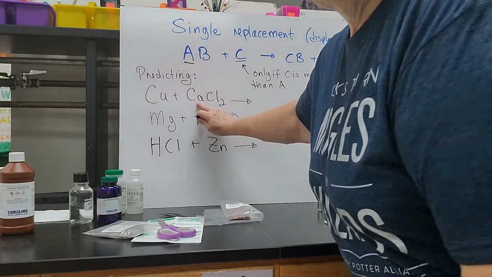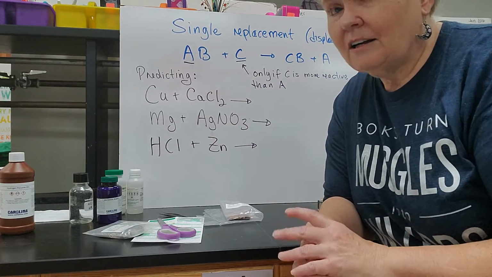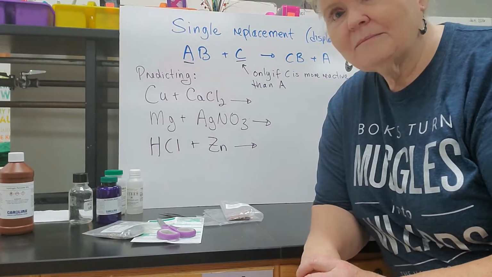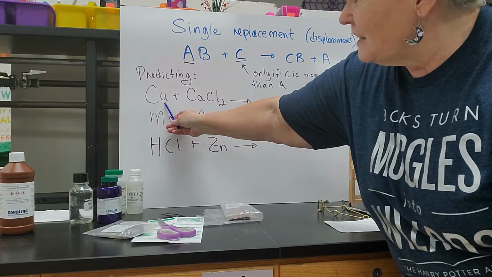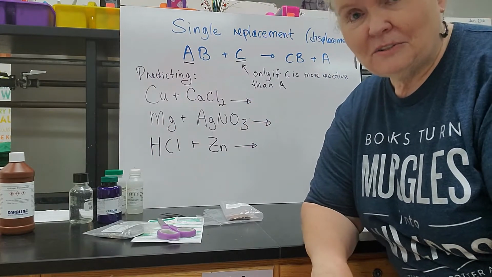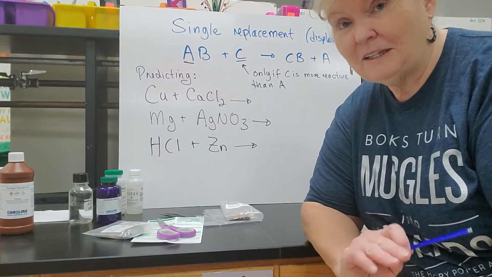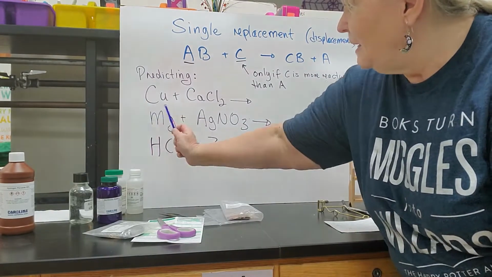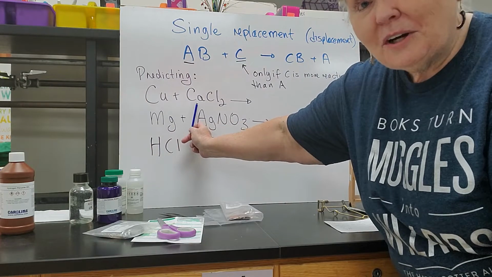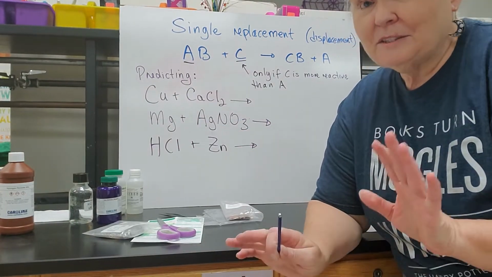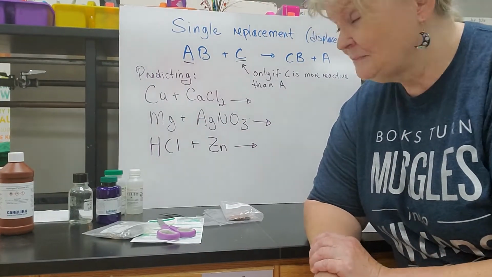So if calcium is stronger, it's not going to let it take chlorine away. It's like this guy wants to take this guy's girlfriend away. Well, I mean, the girlfriend should have some say in it, but we're going to ignore her feelings for now. That copper is not strong enough to kick calcium out. So calcium says, I'm going to keep my girlfriend.